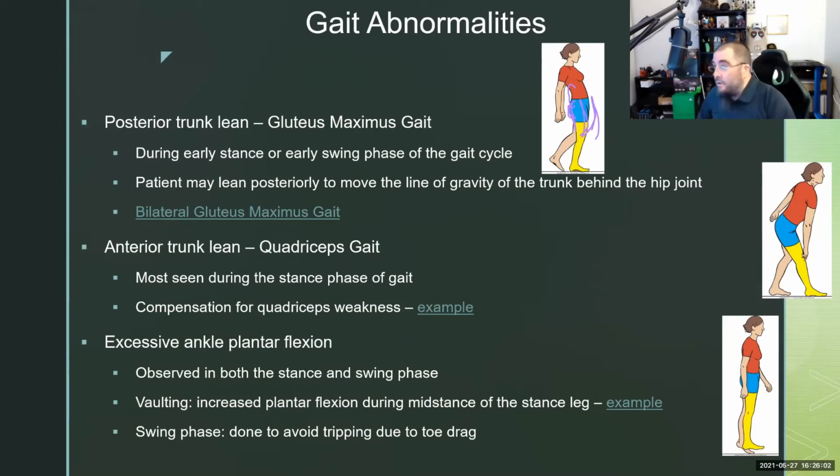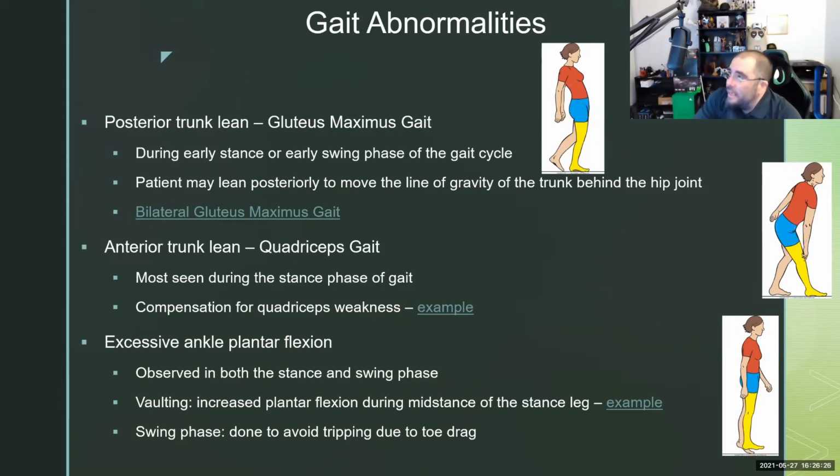If I have anterior trunk lean, because my body is leaning over the front of my body, it's also called quadriceps gait, because I'm leaning over the quadriceps. That's kind of like this lady here, but she's got really exaggerated quadriceps gait. So these could be tight, or all these muscles back here could be stretched weak. Motion seen in stance phase again.